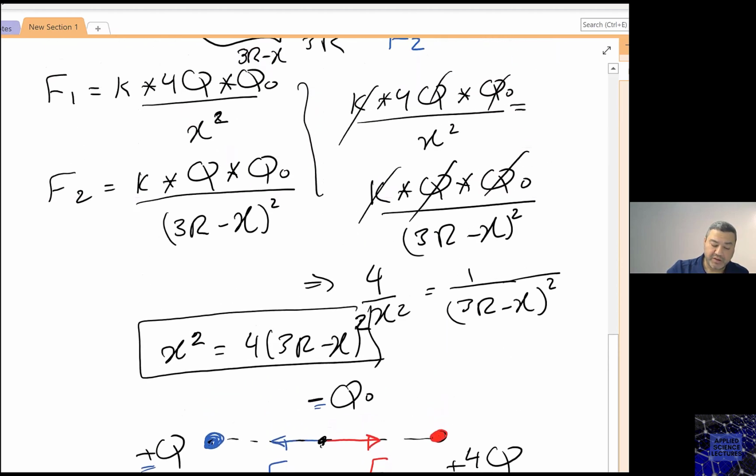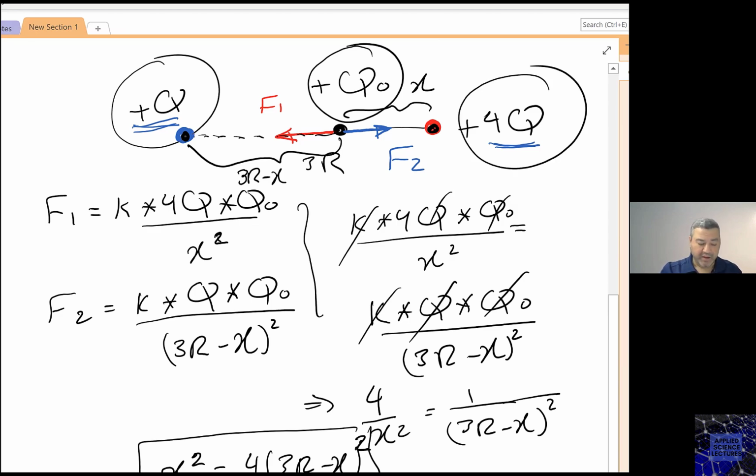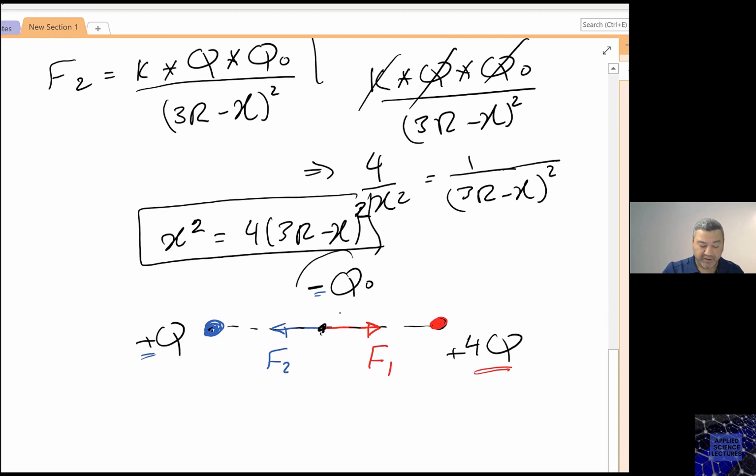The conclusion is if q naught is positive, there is a possibility that the net force would be zero in between plus q and plus 4q. If q naught is negative, there is also a possibility such that the net force exerted on this negative q naught would also be zero. Here the forces are attractive forces, but they will be in the opposite direction.